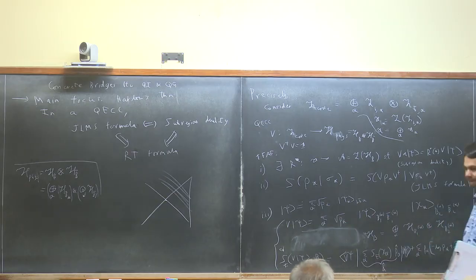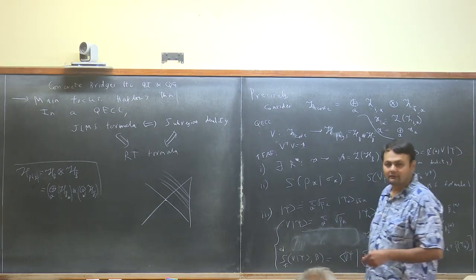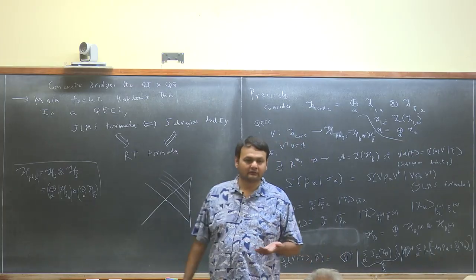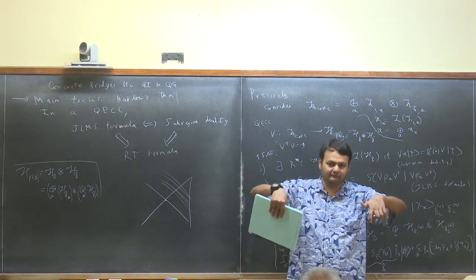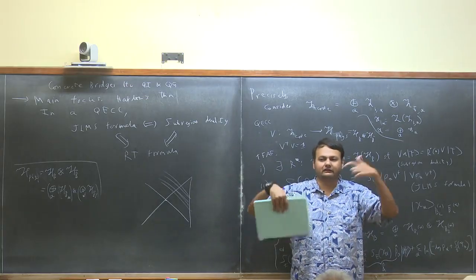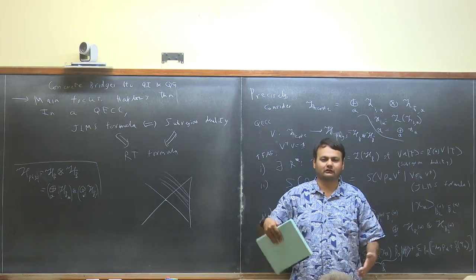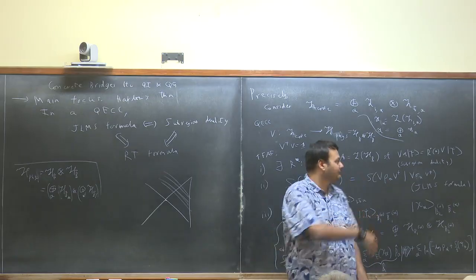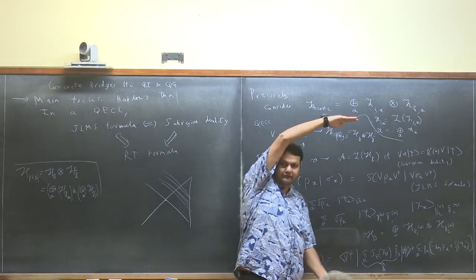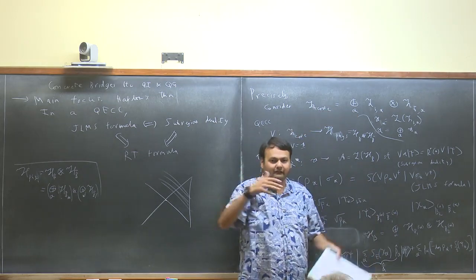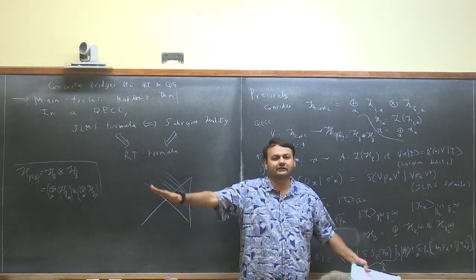Is B2 some extra degrees of freedom? Yeah, you should think of B2 and B2 bar as some UV degrees of freedom that you cannot touch in the code, from the gravity side. Or you can apply this also to RG, where the code is the IR degrees of freedom and the physical is the UV CFT Hilbert space.